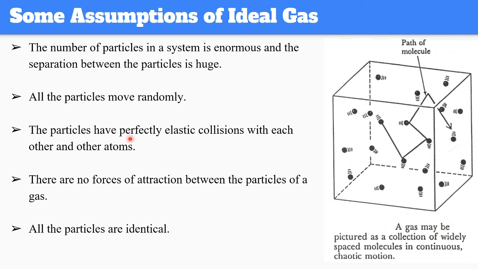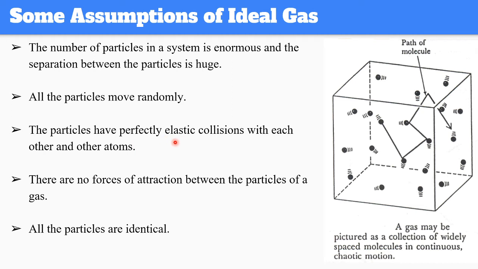And this is important: the particles have perfectly elastic collisions. What does that mean? That means when they are colliding, they are not losing any energy. So elastic collision is actually the key thing in these assumptions.